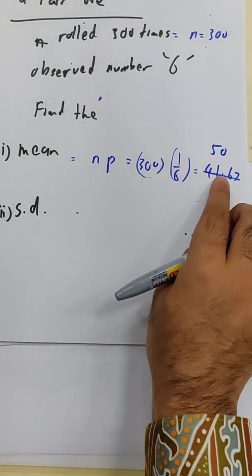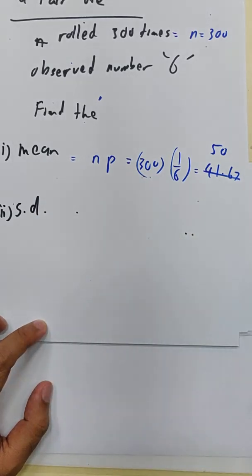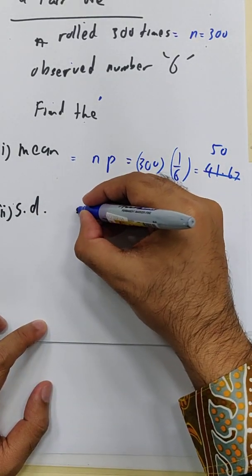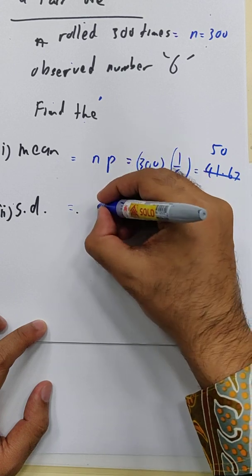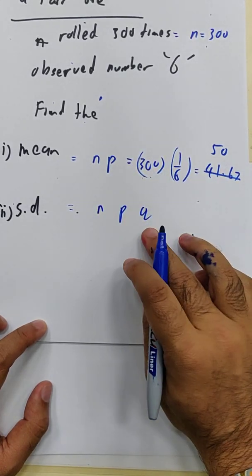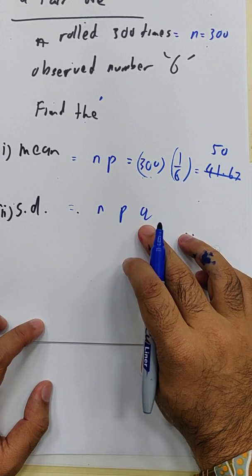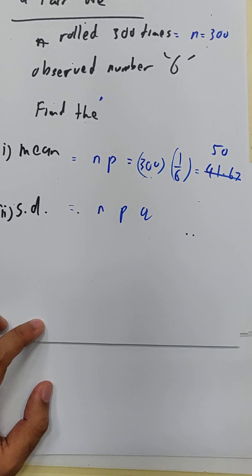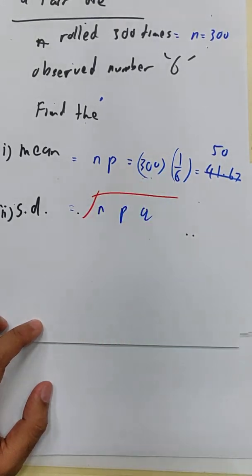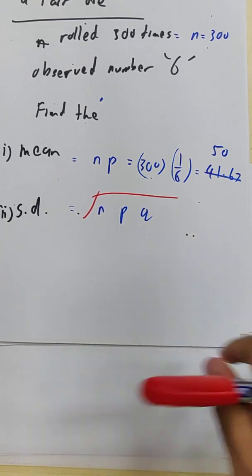My bad. So, this one here. What's the formula just now? NPQ, right? Are you okay with this? Wrong. This is for variance, dear.